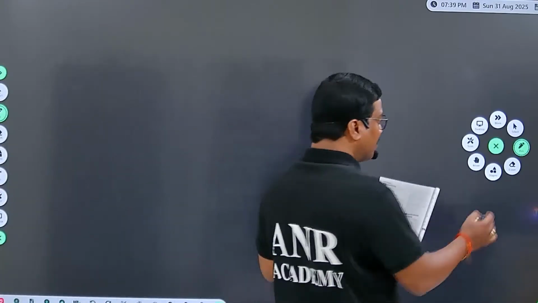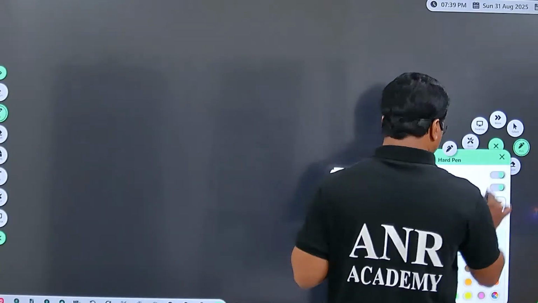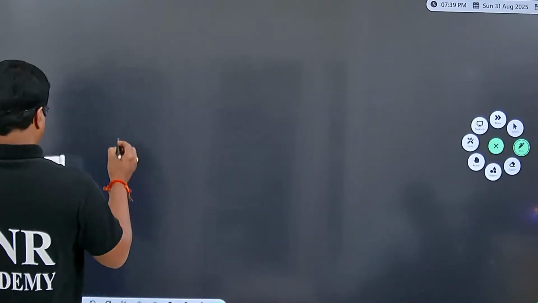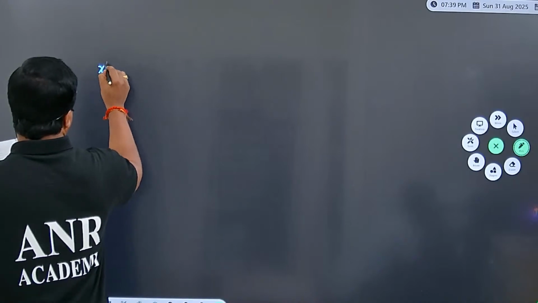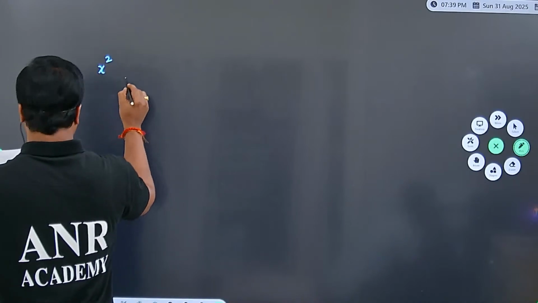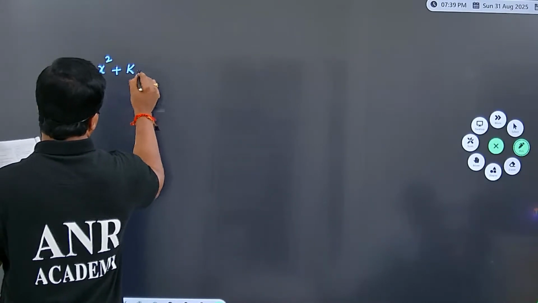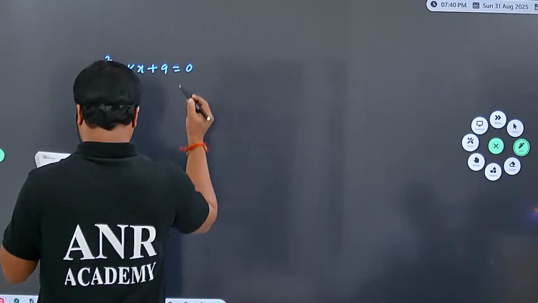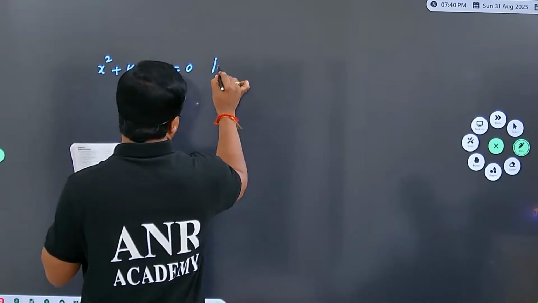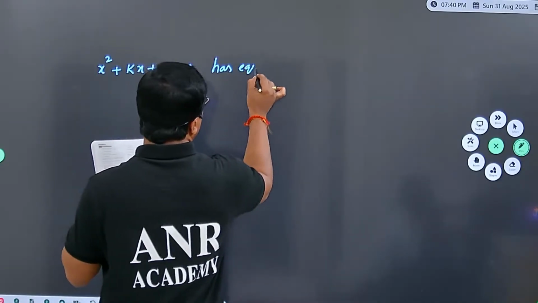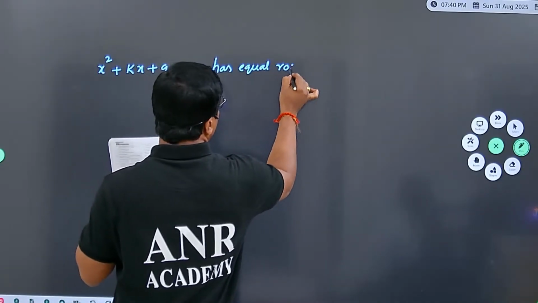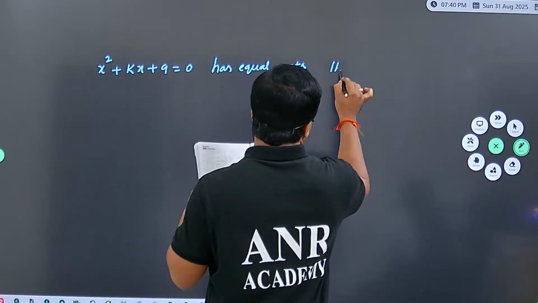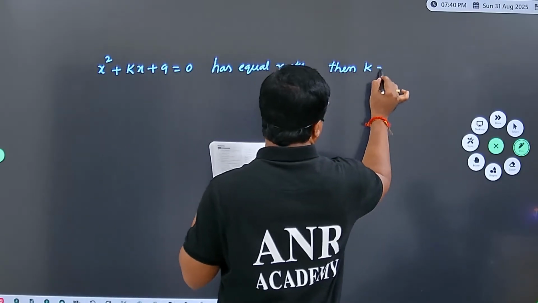Second question. Given that x square plus kx plus 9 equal to 0 has equal roots, then the value of k equal to.